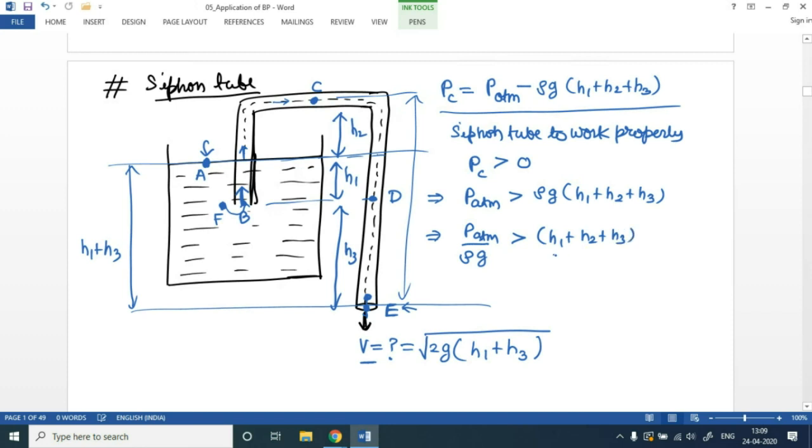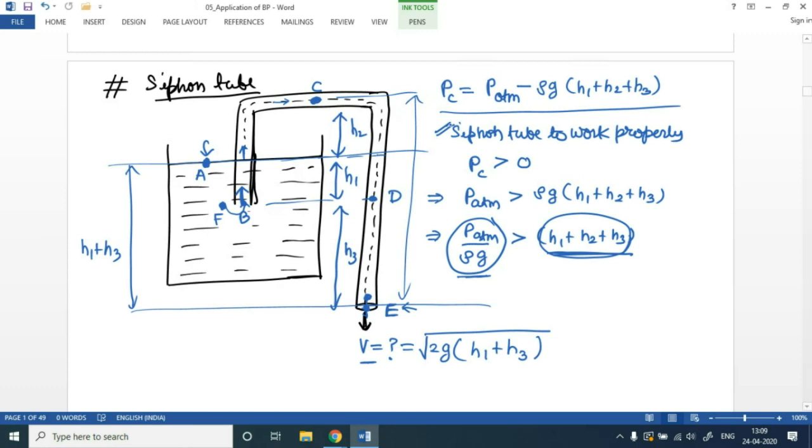It is not like you can have any height of this siphon tube, any height of this point C. The difference of level of these 2 points, which is H1 plus H2 plus H3, has to be less than PATM by rho G in order for this siphon tube to work properly. Okay, so that is one of the ideas.